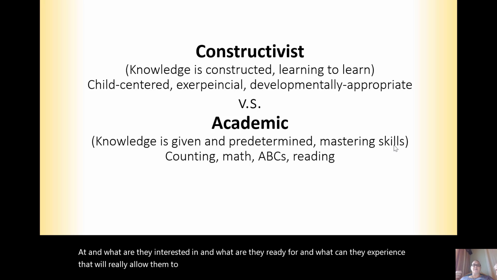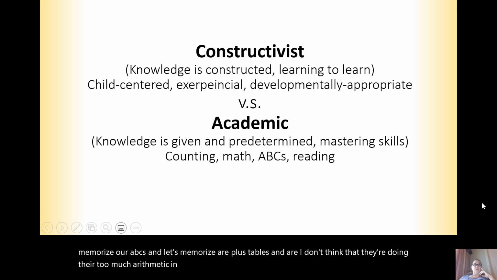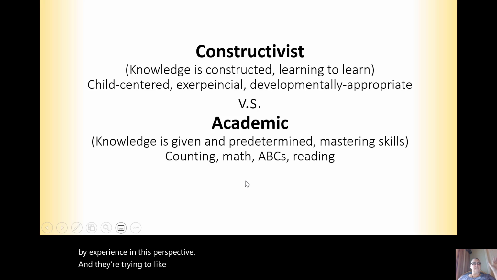And the academic perspective is more like the rote, like let's memorize our ABCs and our plus tables. I don't think that they're doing too much arithmetic in preschool, but 1, 2, 3, 4, 5. They're learning things by rote instead of by experience in this perspective. And they're trying to master the skills to show that they've done it.